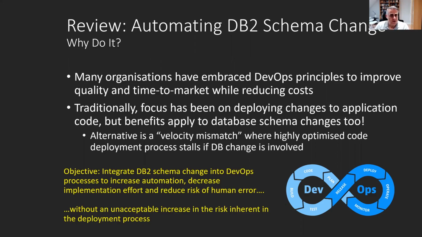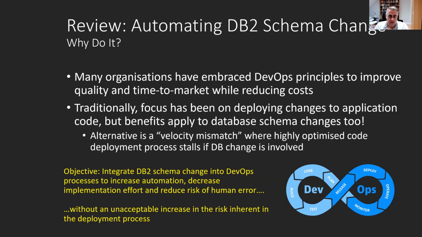So you get this kind of velocity mismatch where it's very quick and efficient and slick to deliver code, but when that code change needs a database schema change, very often this very slick, efficient pipeline process will stall while a real live human DBA does something relatively manual to drive a DB2 change tool before the whole process can then fire up again to complete the rest of the automation.